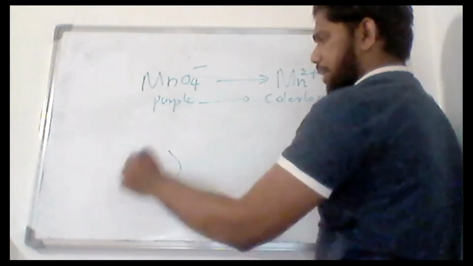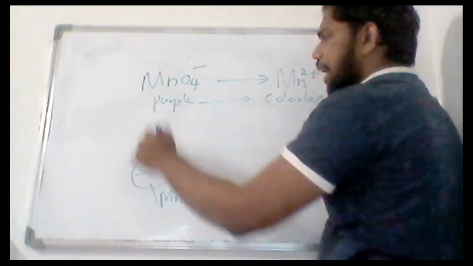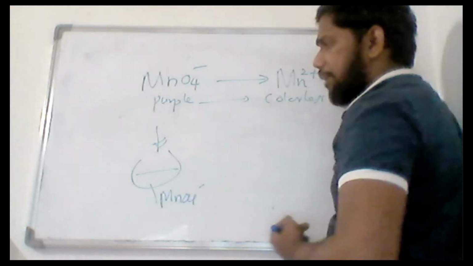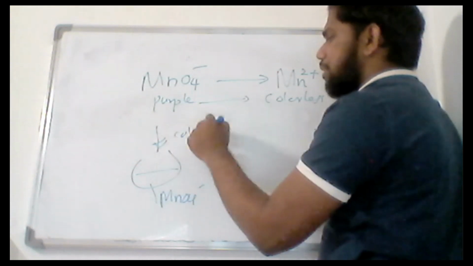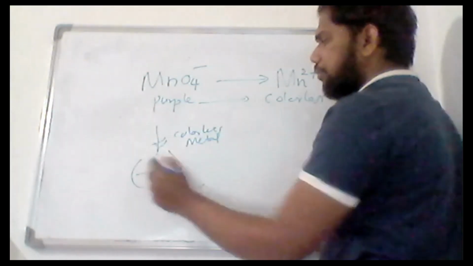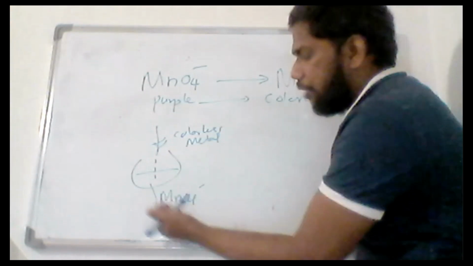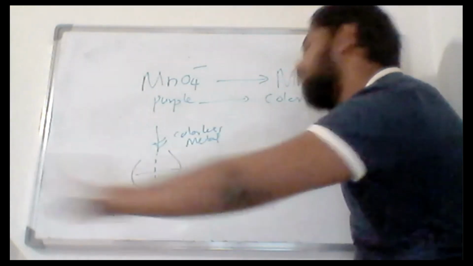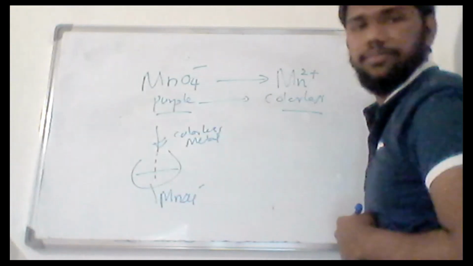For an example, let's say you have MnO4- here, and you are titrating with a compound like a colorless metal. Okay. So when you add, according to the redox reaction, this MnO4- will be consumed, and at the end where all the MnO4- is finished, your color change will be purple to colorless.